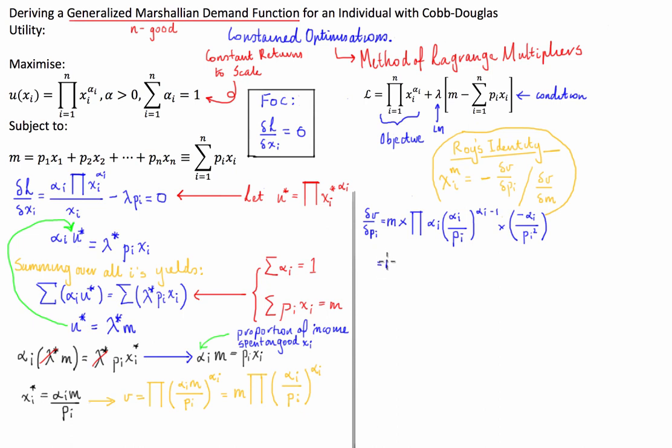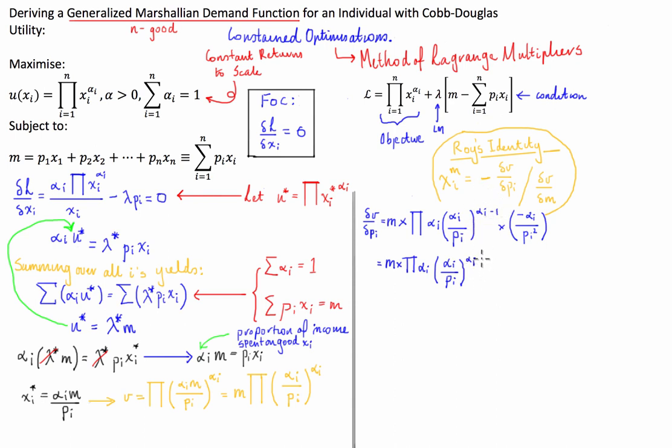So we're going to simplify this just to make our quotient easier at the end. Now m is going to stay, it'll be times our operator of alpha i times alpha i on the price i. Now what I'm first of all going to do is break up this power here.